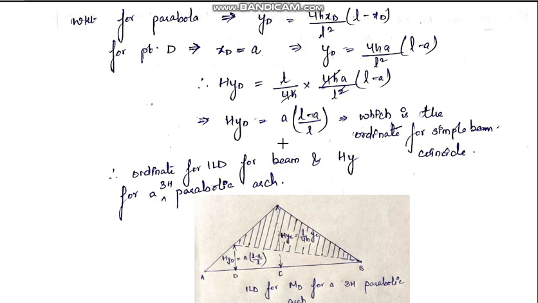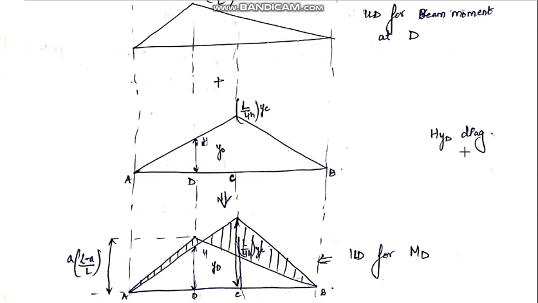See, HYD is coming out to be same as a into L minus a by L. Now this term a into L minus a by L is the ordinate for the simple beam, and this HYD is the ordinate for the HYD influence line diagram.